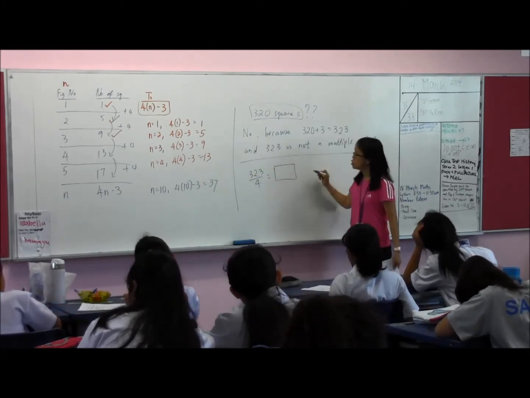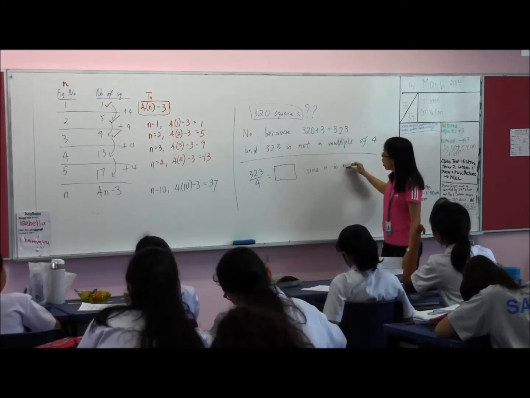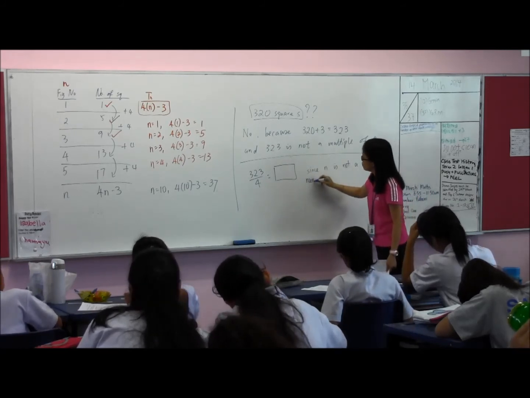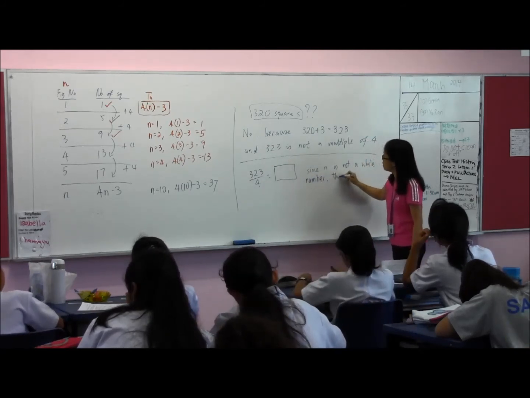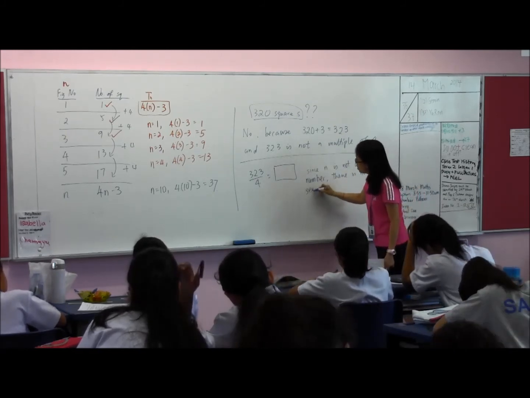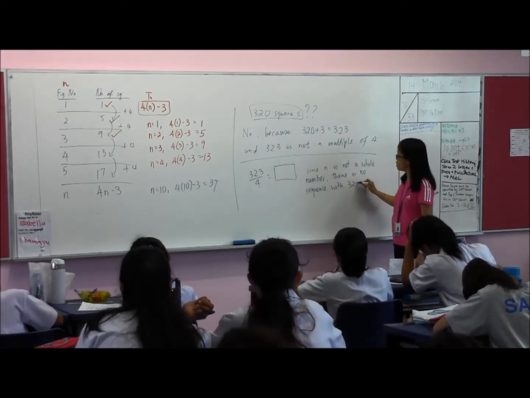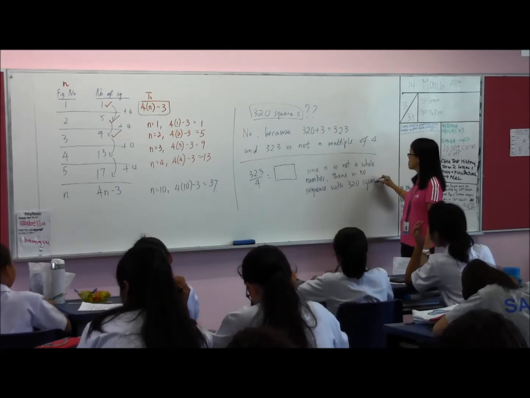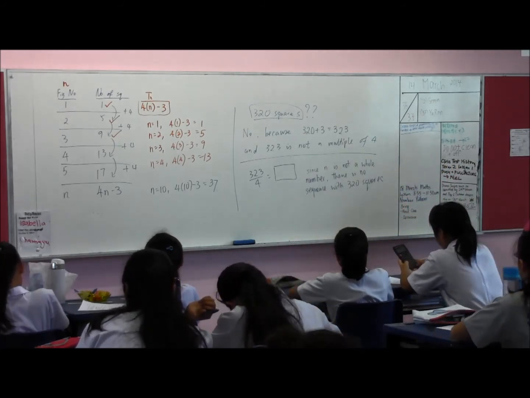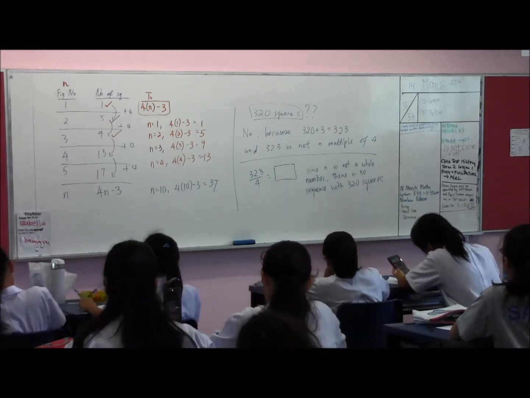79. So since n is not a whole number, there is no sequence with 320 squares. So there are a few ways of saying it. Either you say that 323 is not a multiple of 4, since you add 3.